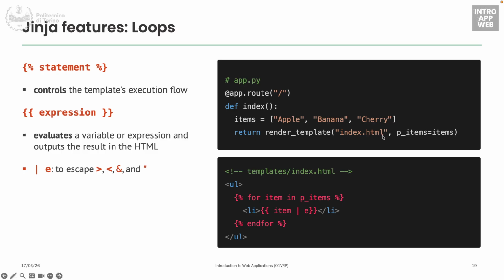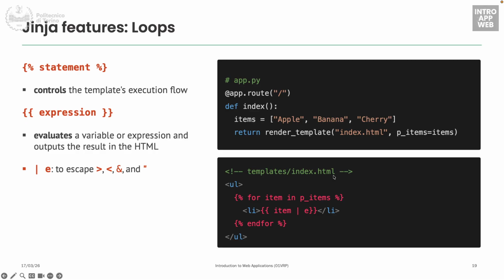I mean the index.html, but then I am passing a second parameter, okay? And this parameter corresponds to the list I have just declared. No? So I'm passing these items as a parameter to the render template function. This on the app.py.